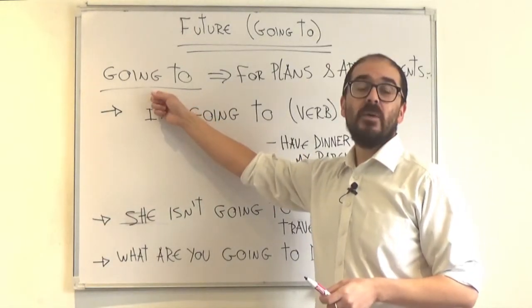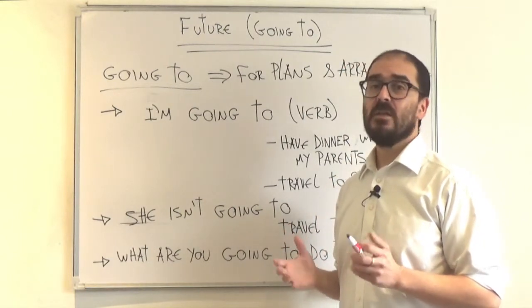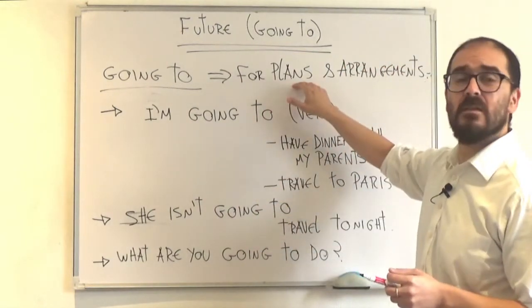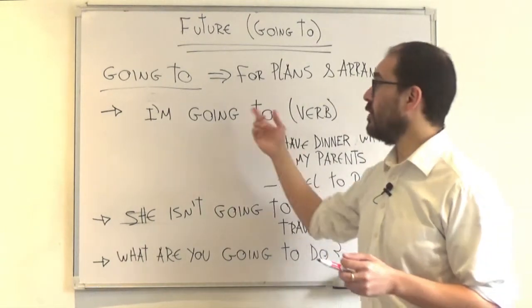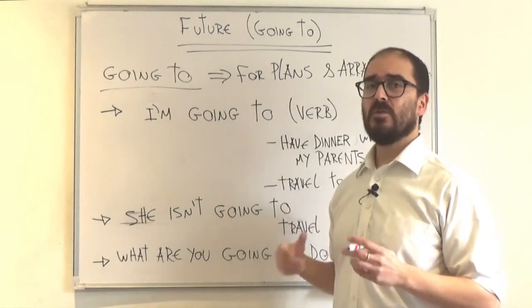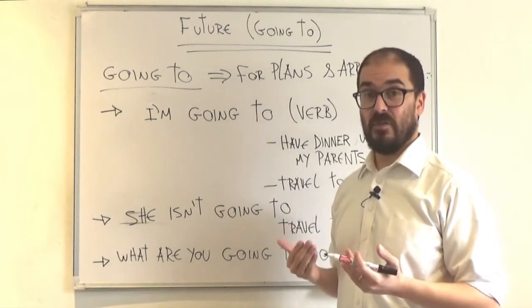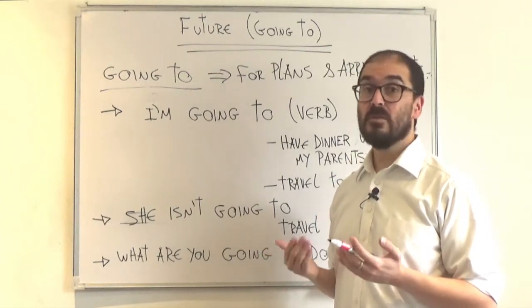We're going to use going to now as a standard structure in present continuous to talk about future plans and future arrangements. Which means that we're going to use the same structure, going to, to talk about the ideas we discussed previously. Okay, for example, I'm having dinner with my parents tomorrow.